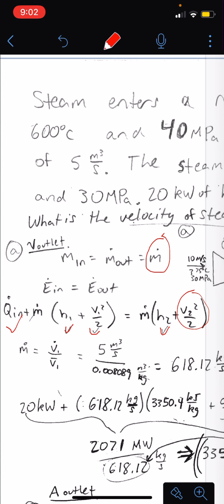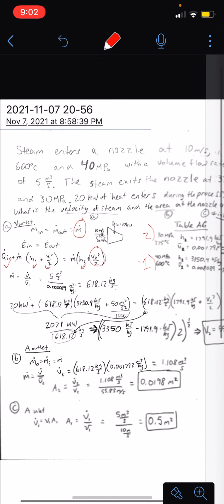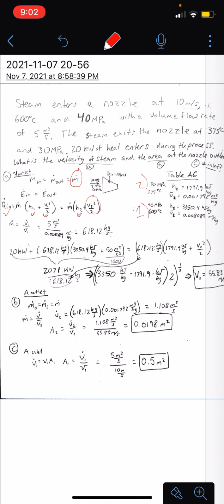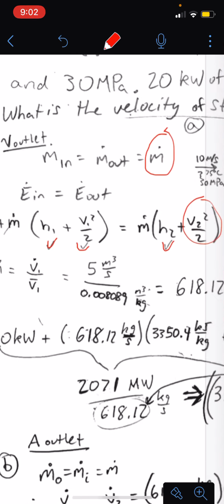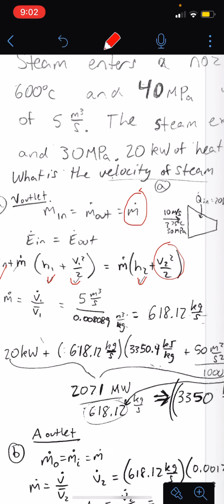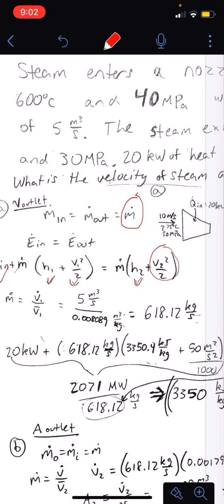So we need to find our mass flow rate, which we can find because in the problem we were given a volume flow rate, and in our table at state 1, we have our specific volume. So the volumetric flow rate divided by the specific volume at 1 is equal to the mass flow rate of the system. So it's the same at the outlet.